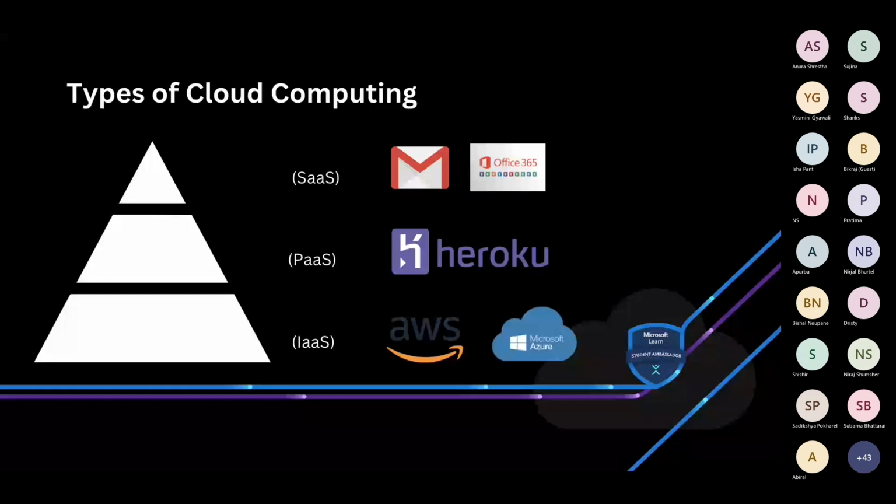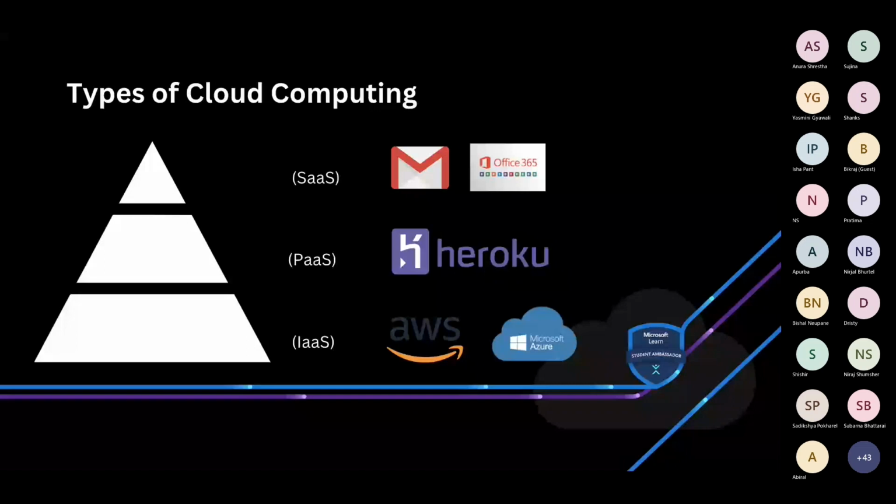So with this, we have the last one, which is infrastructure as a service. In this, you can see the examples: AWS, Microsoft Azure. It means that a cloud service provider manages the infrastructure for you, the actual servers, network, virtualization, and data storage through an internet connection.